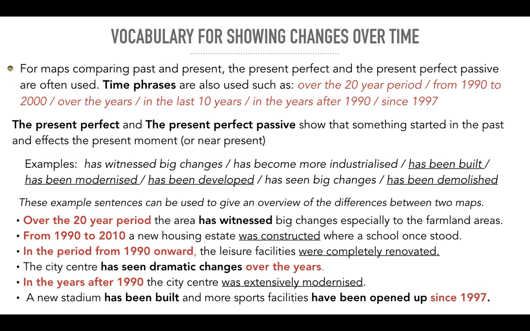And we've got, again, the present perfect, and we've got the passive there. Was constructed, were renovated, was extensively modernized, and so on. So this is the kind of language and vocabulary you need to be using in a MAPS task to get a good band score.